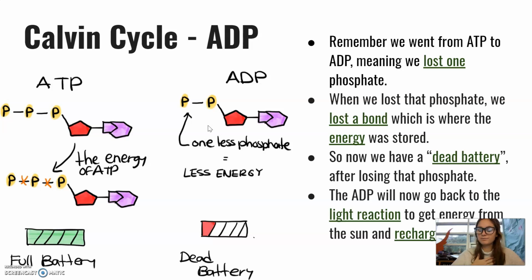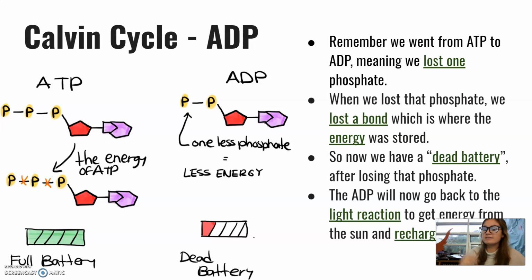So that means that there is less energy available. So it's kind of like having a dead battery. What happens when our phone is dead? We recharge it. If it's a dead phone, can we use it? No, we're just going to plug it into the charger, let it recharge, and then we're going to be able to use it.